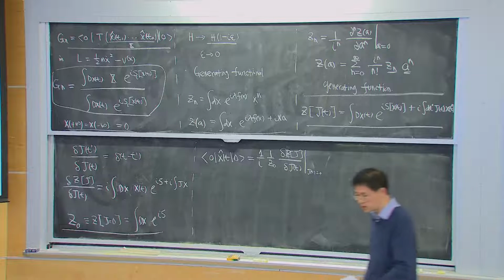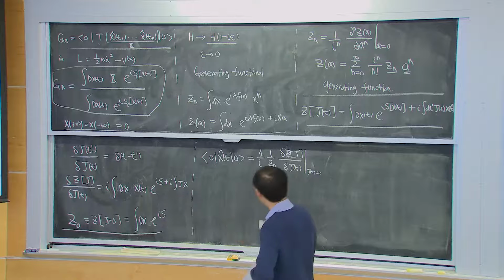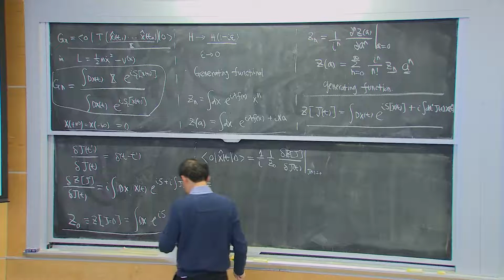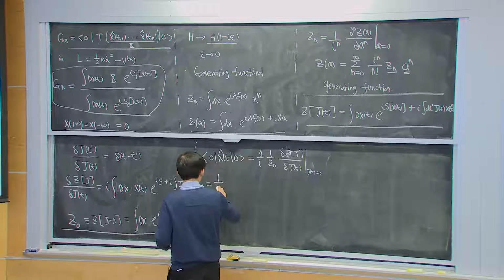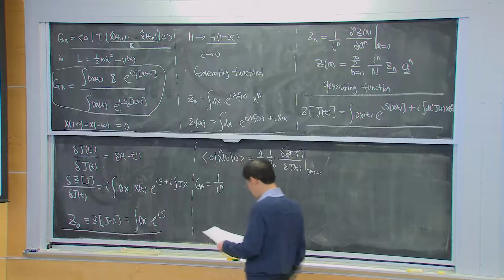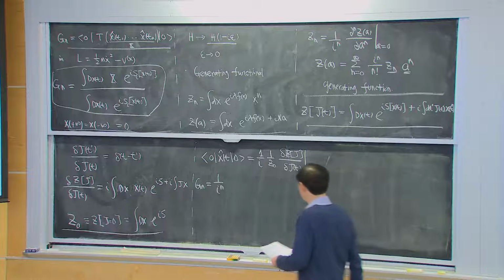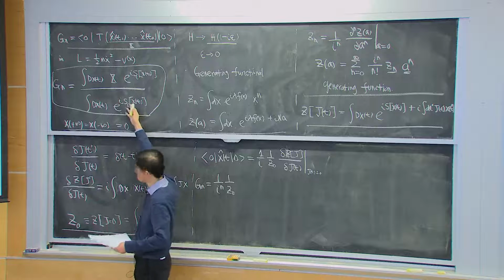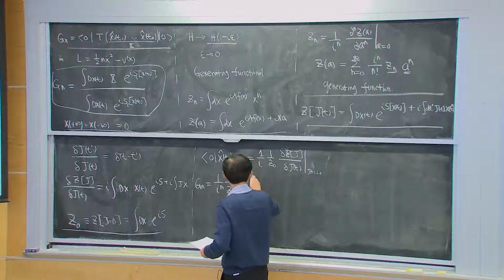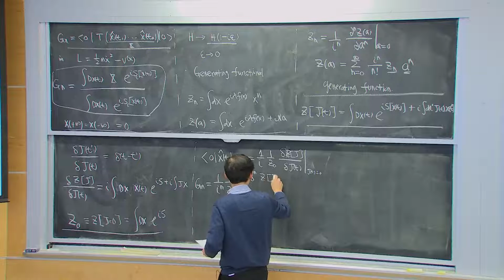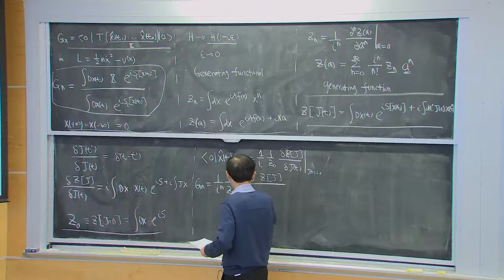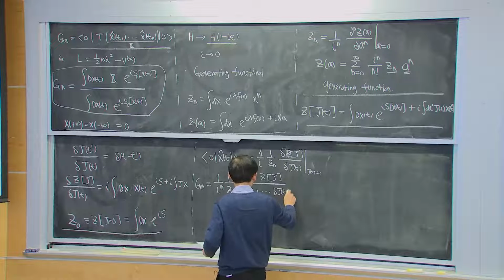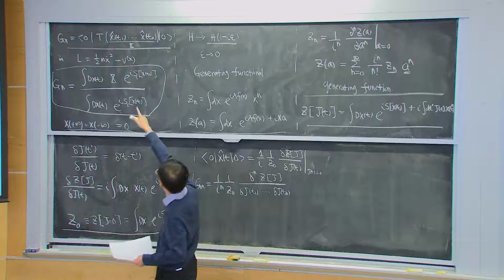Now you can immediately generalize. This n-point function, G n, can be written as follows: you take n derivatives, so now you have a factor of 1 over i to the power n. Again, you divide by Z0 because you always need to divide by this piece. Then you take the derivative n times, with respect to J t1 through J t n. The time variables should match the time variables in the original definition.